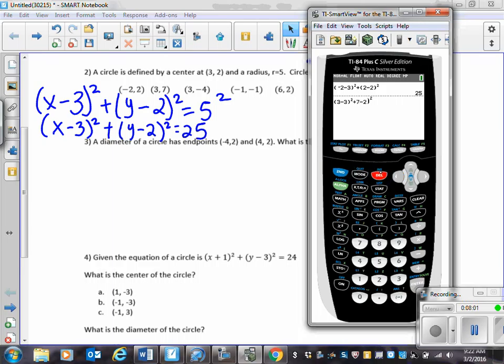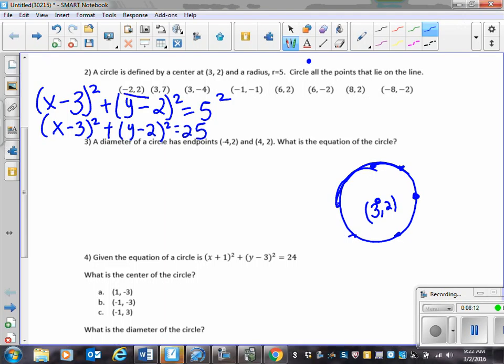So I have to do second insert parentheses. So I got 7 minus 2 squared. I'm going to press enter. See that, that also gives you 25. So you know for sure that's going to be on the circle. So you have to keep on doing it. Altogether, we should have 5 answers. That's what you need to have.